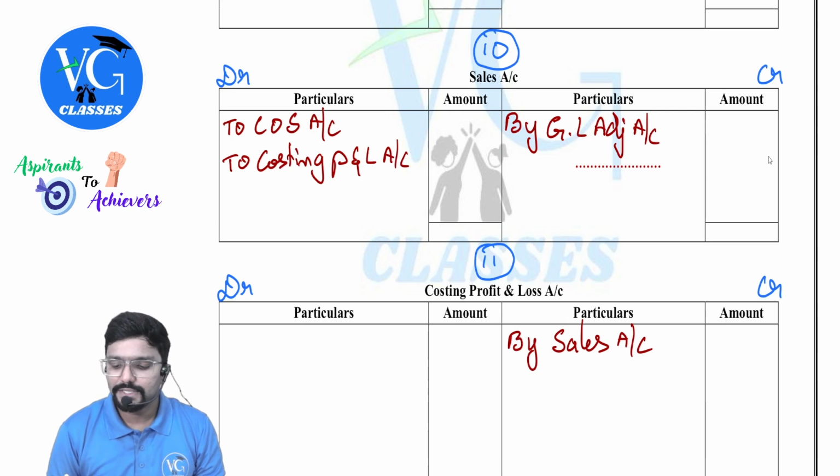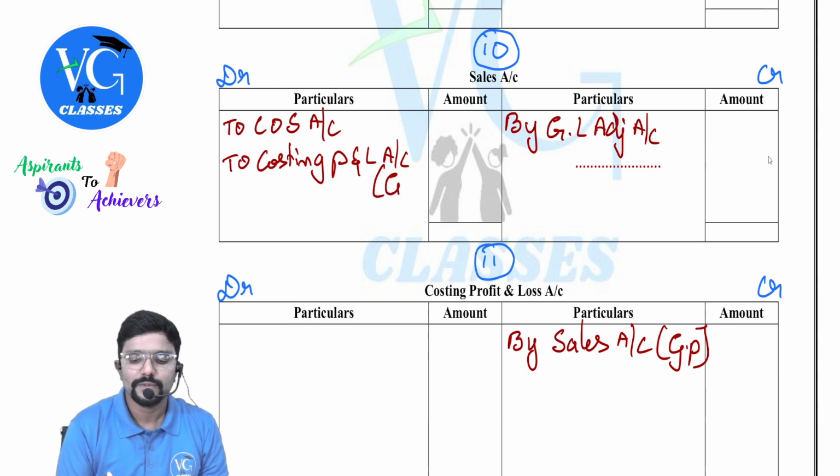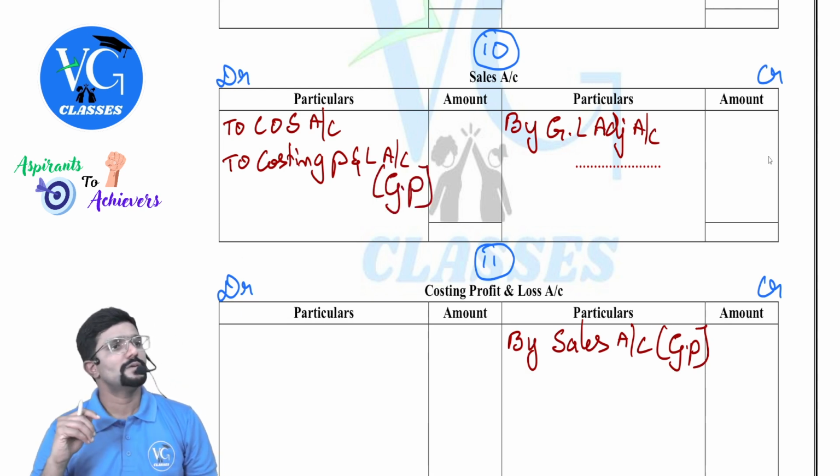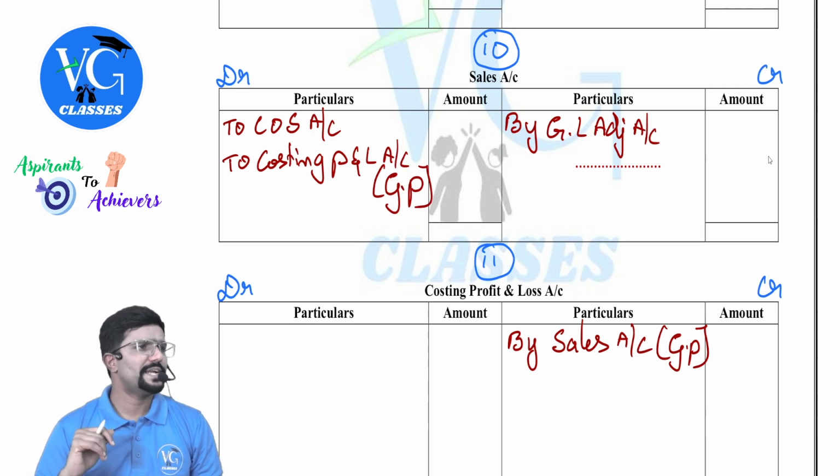Now in bracket you can write by GP, gross profit, and I am not passing any entries for GL.